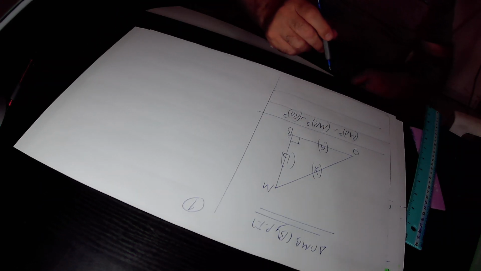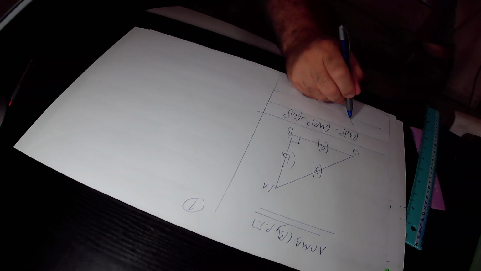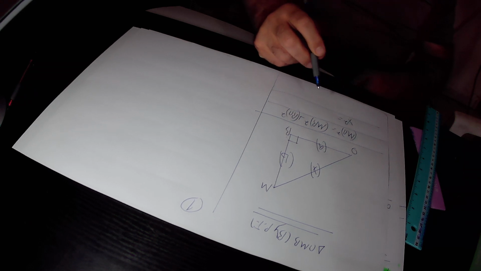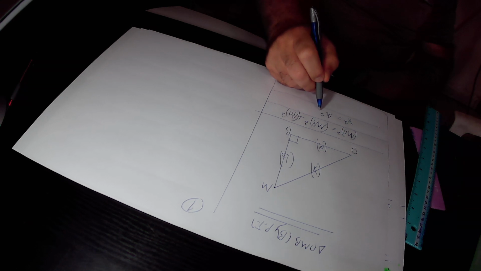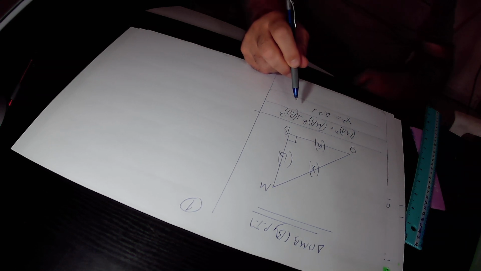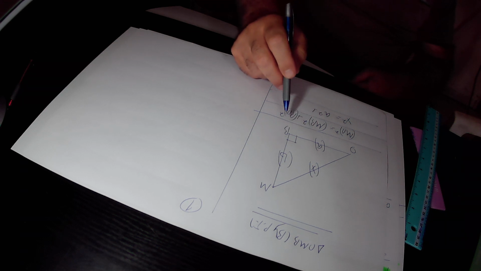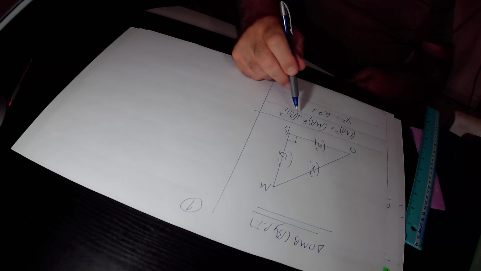MO is x, therefore MO squared is x squared. And it is equal to MB squared. MB is B, therefore MB squared is B squared, plus BO squared. OB is A, therefore BO squared is A squared.